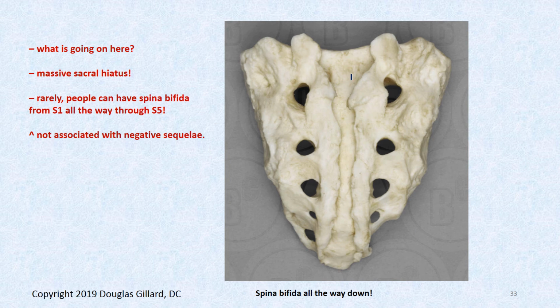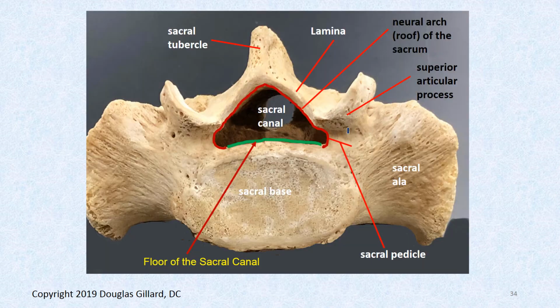So it's spina bifida all the way up. It's not thought to be associated with any negative sequelae though, because the dural sac is there, it still has ligamentum flavum over the top, and it's still got ligaments protecting it.